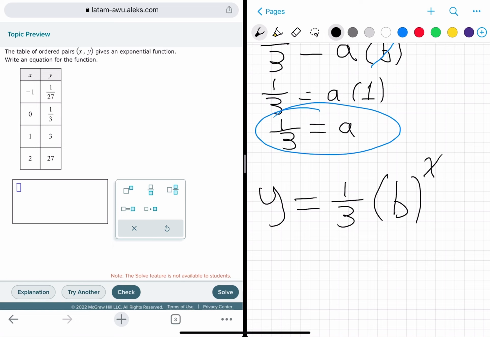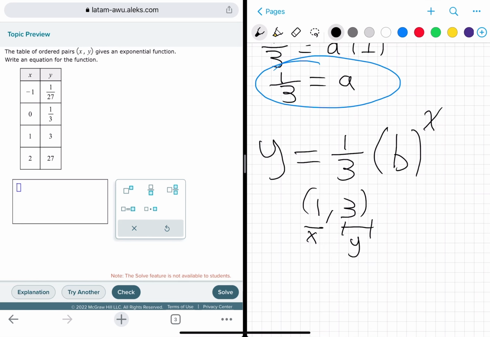I'm going to take, for example, (1, 3), and replace. This is x and this is y. So if I replace these two values into my function, I'm left with 3, which is y, equals 1/3 times b, which is the value we don't know, to the x, which in this case is 1.